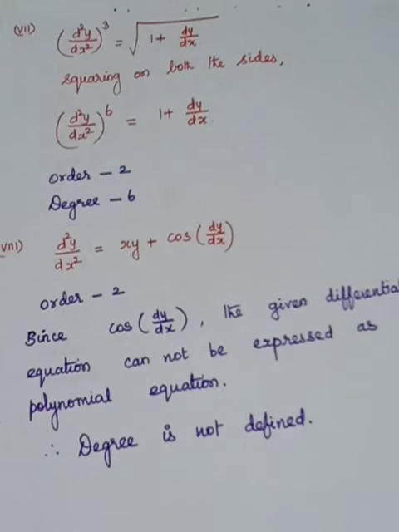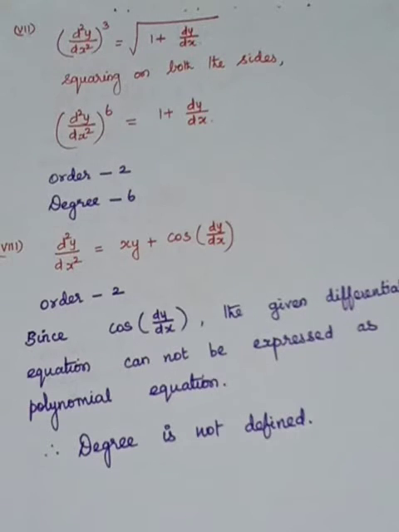So you have learnt now how to find the order of a differential equation. The highest order derivative is called the order of the differential equation, and the power of the highest order derivative is called the degree of the differential equation after expressing it in polynomial form.